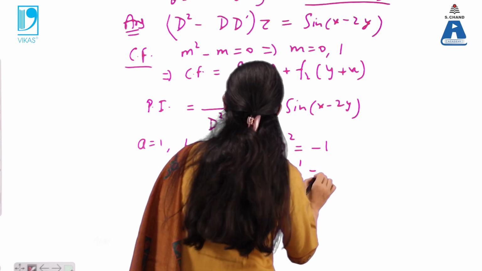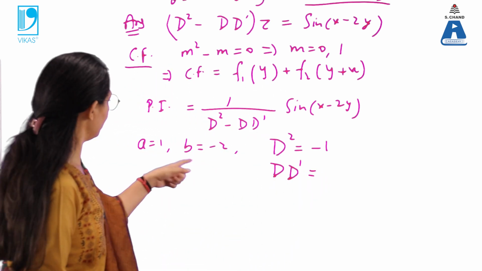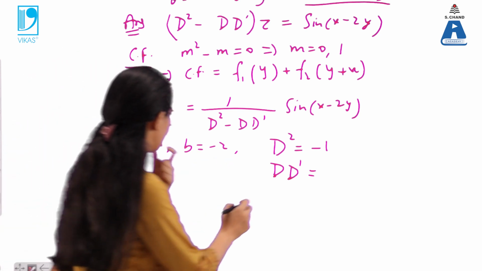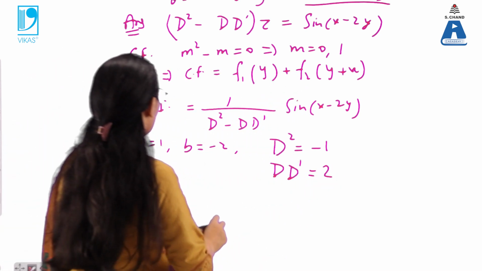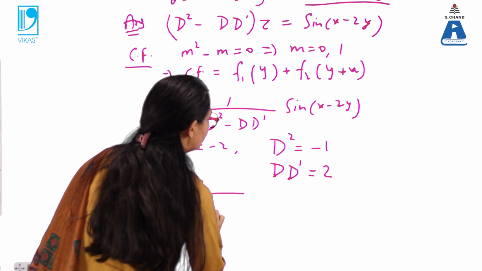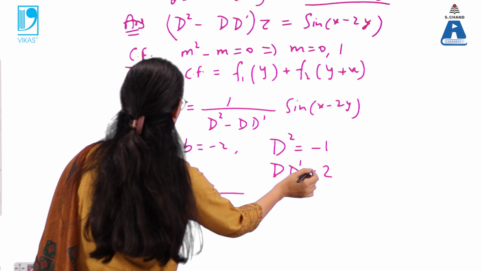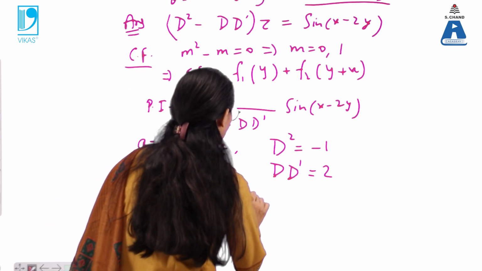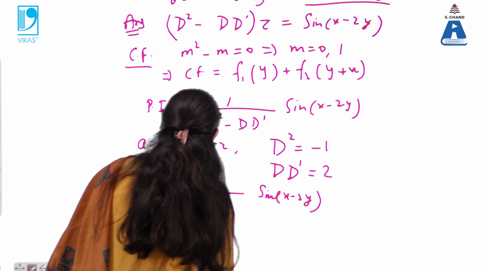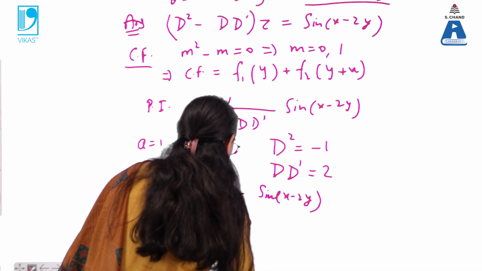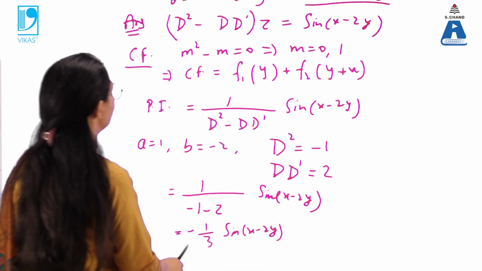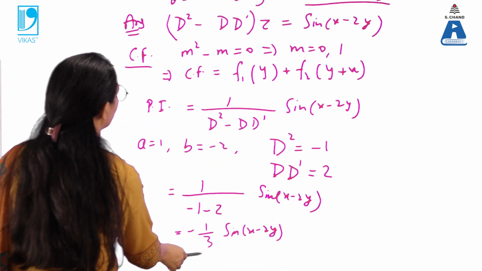D dash will be replaced with minus ab, which now becomes plus 2 because b has a minus sign. So the PI becomes 1 over (minus 1 minus 2) times sine of (x minus 2y), which is minus 1 over 3 sine of (x minus 2y). So this becomes the PI of the given differential equation.